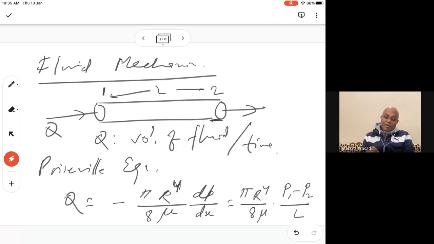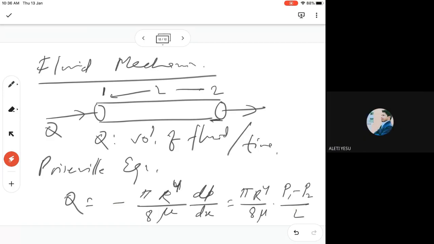Now think about this term: the pressure here has to be larger than here. Then the flow is positive, because flow goes from higher pressure to lower pressure, and hence P1 minus P2 will make you a positive Q, and so I'm not writing any minus here. We have minus dP over dx equal to P1 minus P2 over L. Everybody agrees? Now I understood, sir. Thank you, sir.